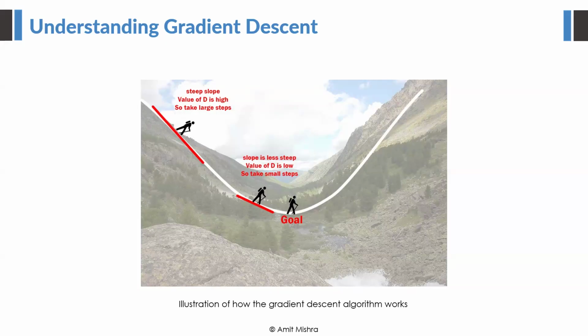As you see, when they are at the peak, they will show this type of response. They will take larger steps and drop faster, whereas when they reach here, this is where the goal is. This is considered to be the goal. So larger step, steep drop, and it will take small steps when the steepness is less. That's how the movement will take place.